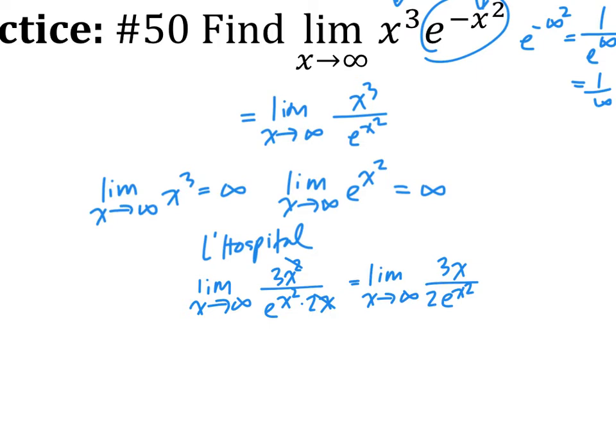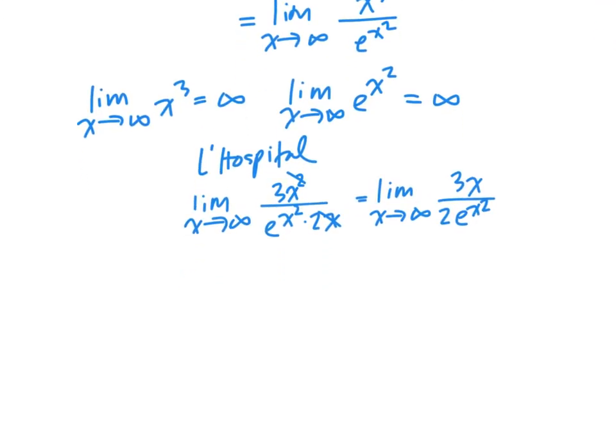Okay, let's plug in infinity right now. And we're still going to get infinity over infinity, which means we've got to use L'Hopital one more time. Let's prove that we can use L'Hopital's rule.